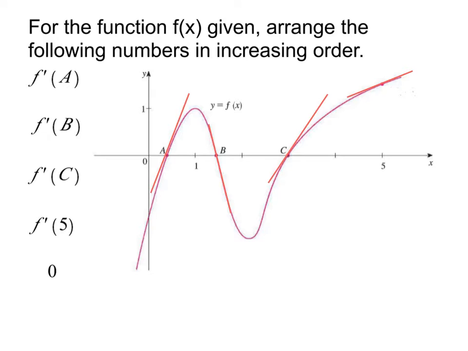And so that means that f prime of B must be the smallest because it is the only negative number of the whole bunch. So f prime of b, yes, is your smallest there. Now, the other 3 derivatives here, those were all positive numbers, right? So then what has to be after our only negative? Yeah, 0. So the next one in our list is going to be 0.